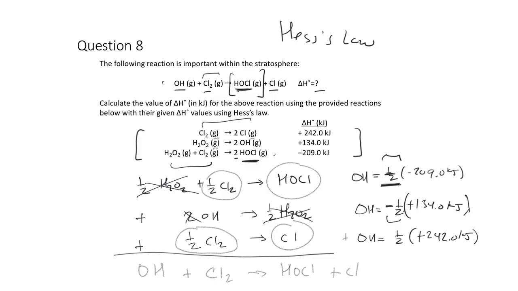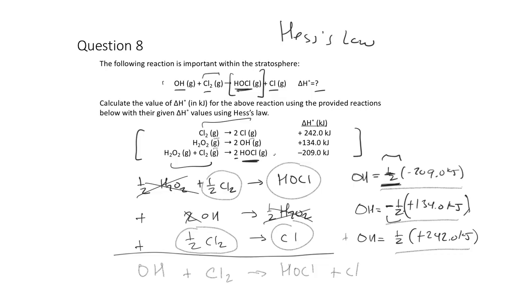And so then if I can add these reactions up, I need to add up all of these reactions that I've turned the new delta H's into after I manipulate the equation. So I do a half times negative 209. I am very meticulous when I do this math. I do 0.5 or 1/2 times negative 209.